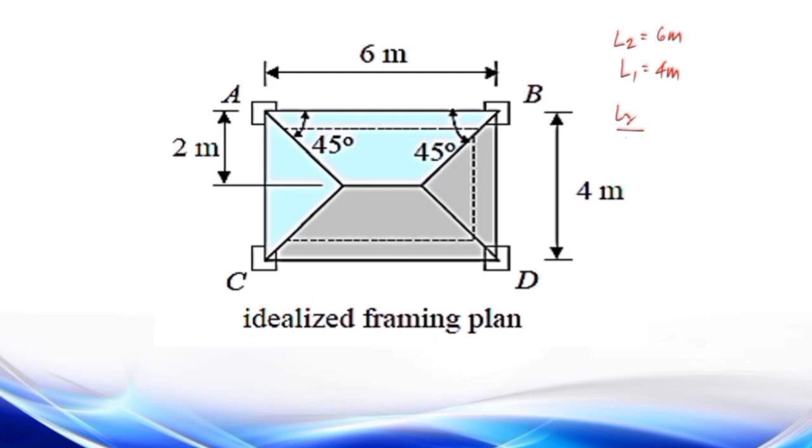The ratio of L sub 2 to L sub 1 is equal to 6 over 4, and that gives us 1.5. And 1.5 is less than 2. So therefore, this is a two-way slab.